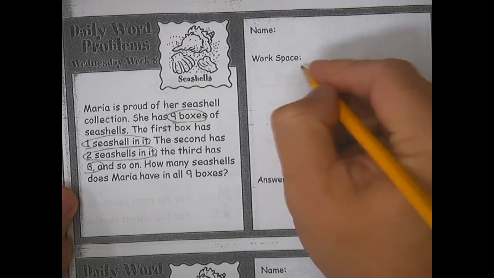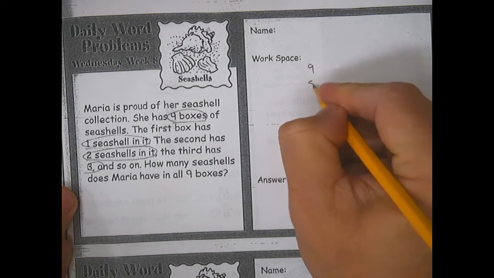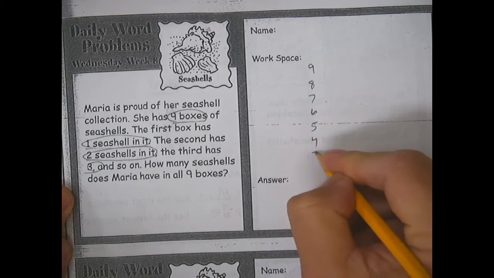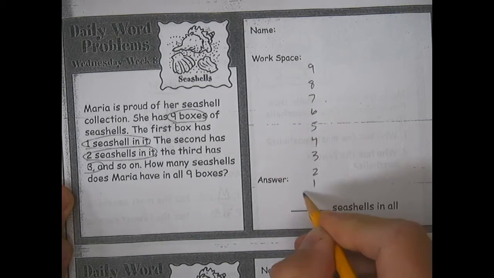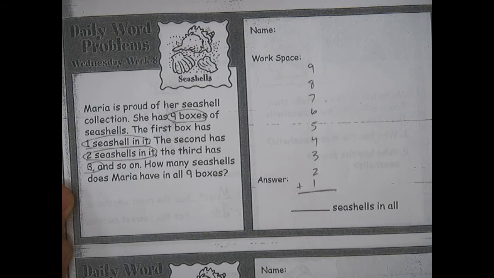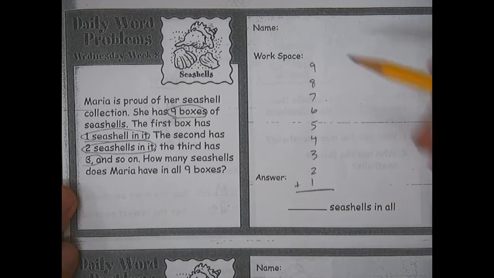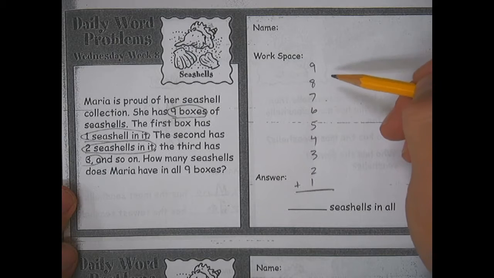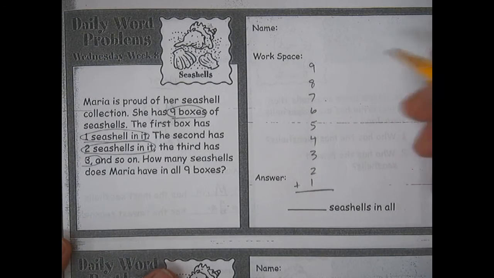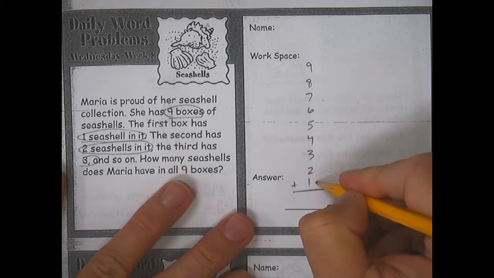So we have 9 boxes, so we're going to go 9, 8, 7, 6, 5, 4, 3, 2, and 1. Now we can go ahead and add all those up, and that would be just fine. Okay, 9 plus 8, okay, that's like 16, 17, then 17 plus 7. But what I'm hoping that you see here is a pattern.